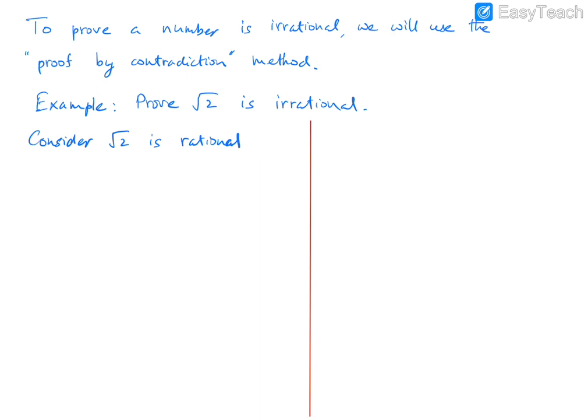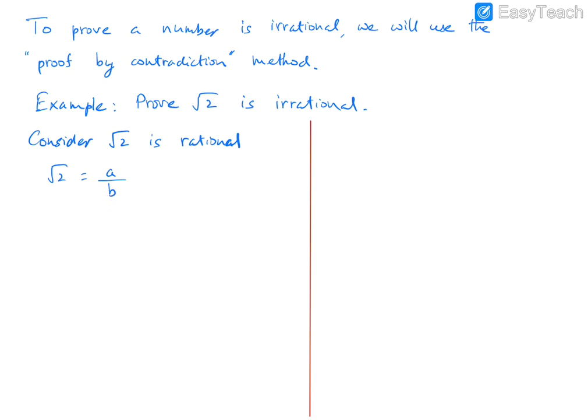So if it is rational, that means we can represent root 2 as a ratio of integers a by b. Because a rational number can be represented as a ratio p by q or a by b, where a and b are integers and b, the denominator, is not equal to 0.